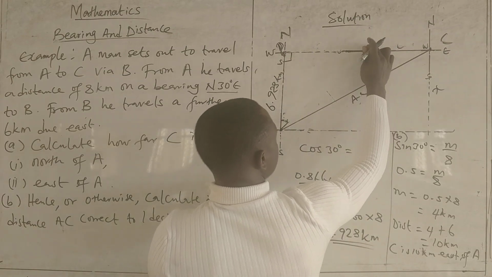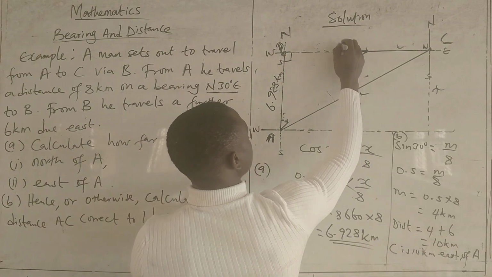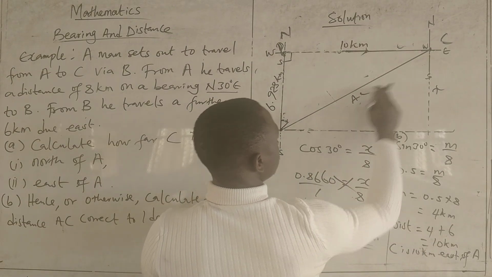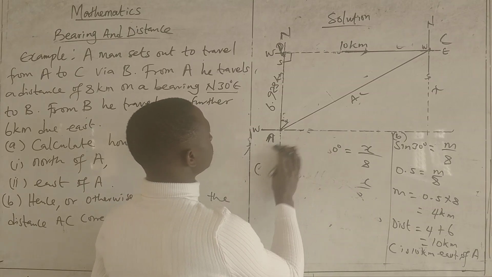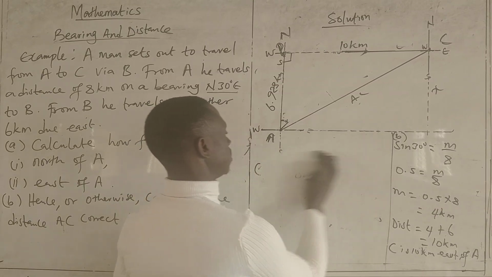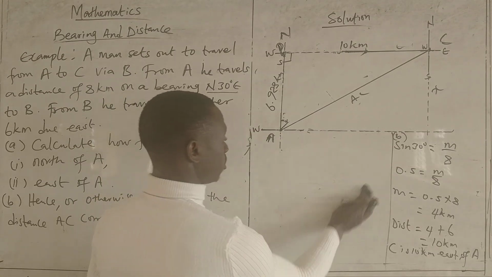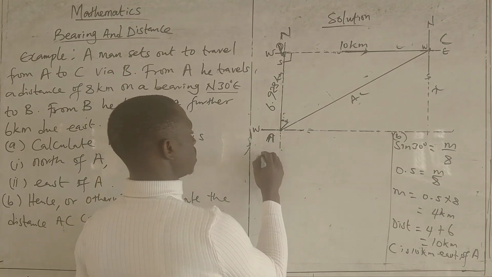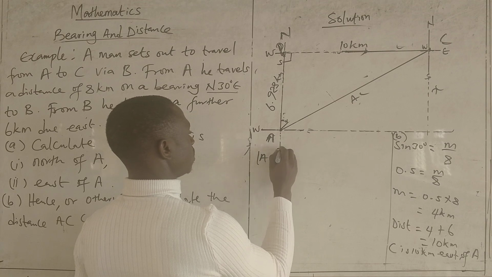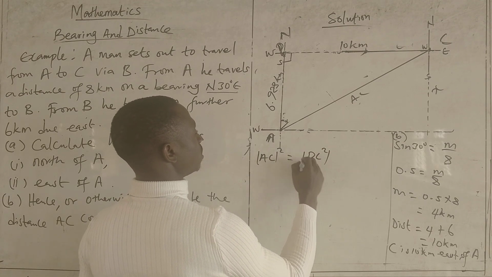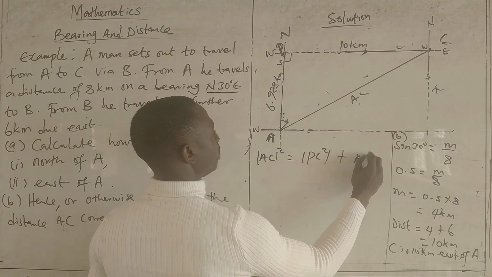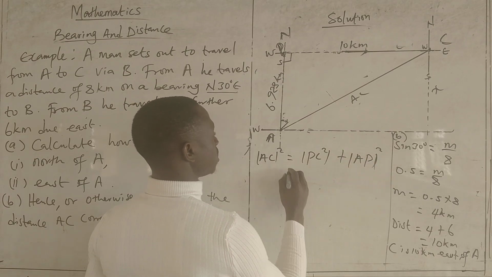From P to C is 10 kilometers. We need AC. This time we are using Pythagoras theorem. So AC square will be equal to PC square plus AP square.